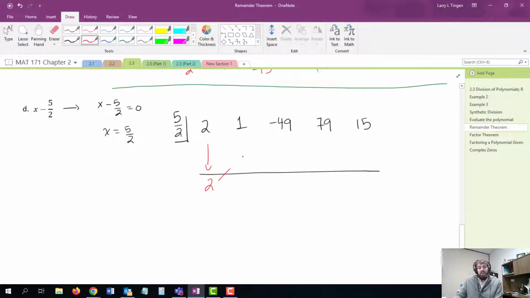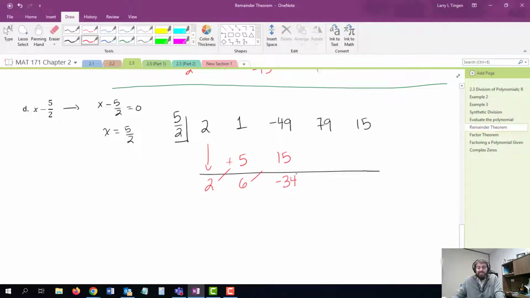2 times 5 halves. That worked out nicely. That's 5. 1 plus 5 is 6. 6 times 5 halves is 30 over 2, which is 15. Negative 49 plus 15 is negative 34.